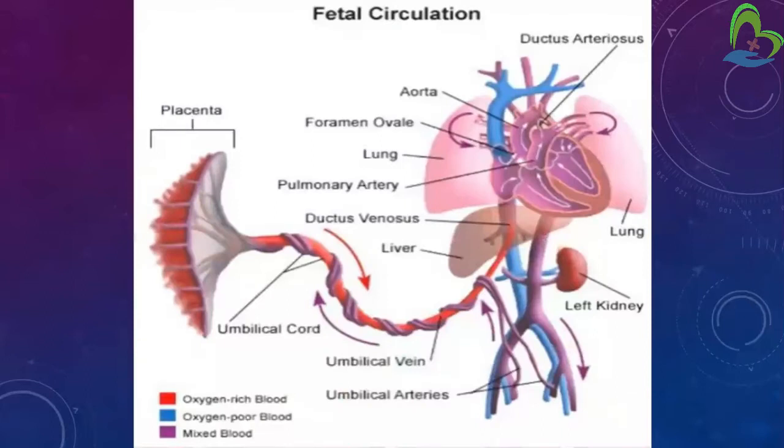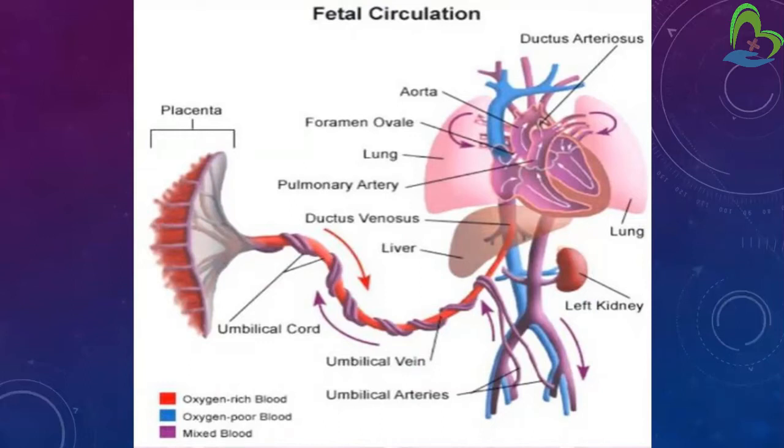Now, as we are in pediatrics, let's learn about fetal circulation. In fetal circulation, first let's see some terminology. First is foramen ovale. Foramen ovale is an opening between the right atrium and left atrium.